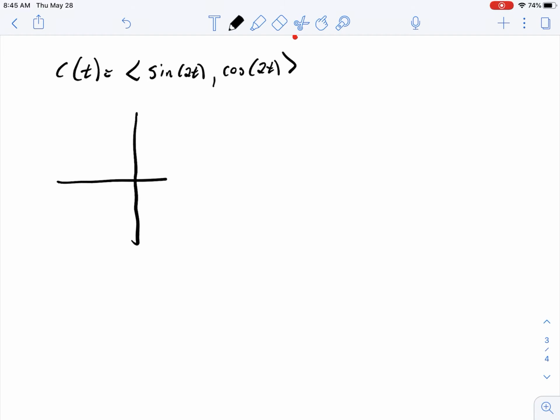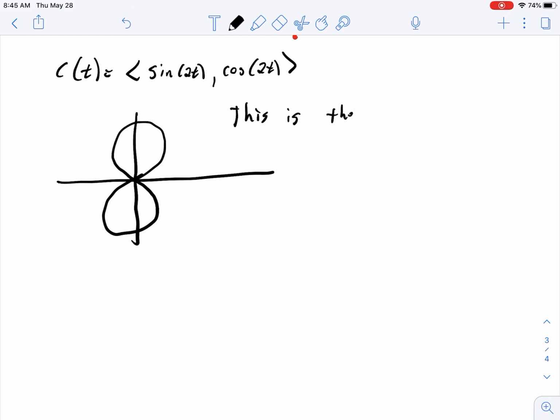Now, if I graph that function out, it looks something like this. I have like an 8.